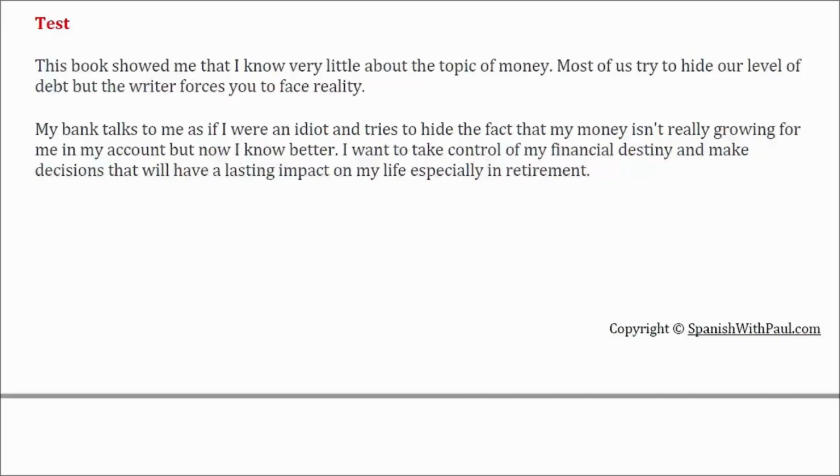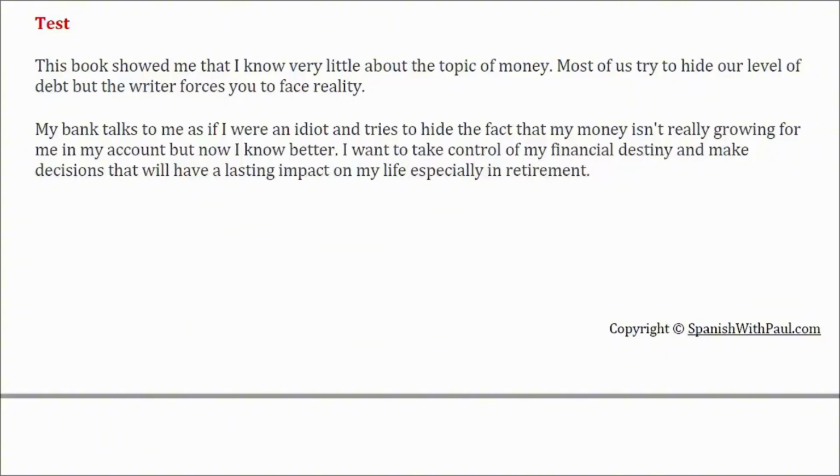En mi banco me hablan como si fuera una idiota y trata de ocultar el hecho de que mi dinero no está creciendo para mí en mi cuenta, pero ahora lo sé mejor.